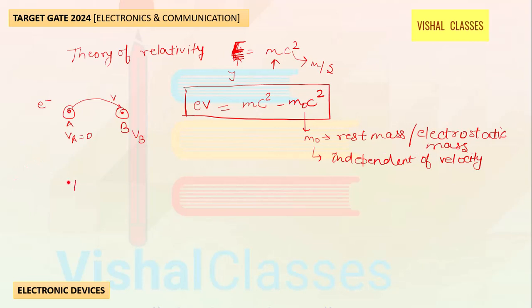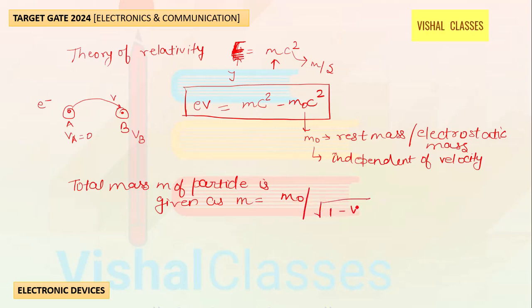Total mass m of the particle is given as m equals m naught upon square root of 1 minus v square divided by c square. Write this formula also in formula notebook.